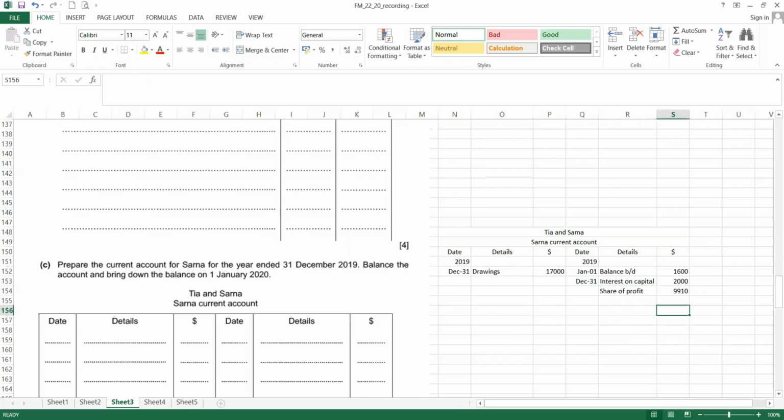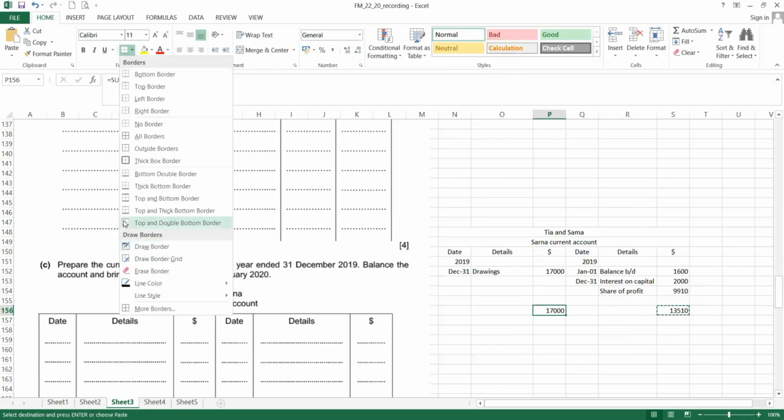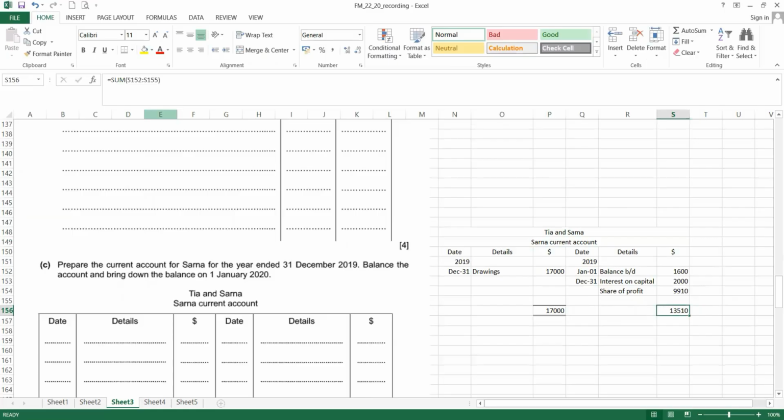So now we see which side is more, then we find the balance carried down. Okay, here you saw that debit is more than the credit.